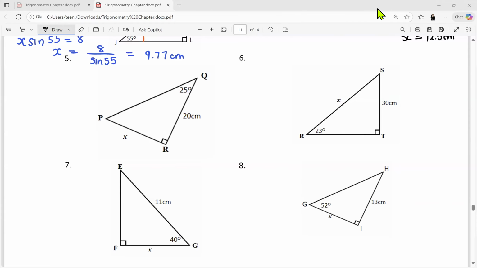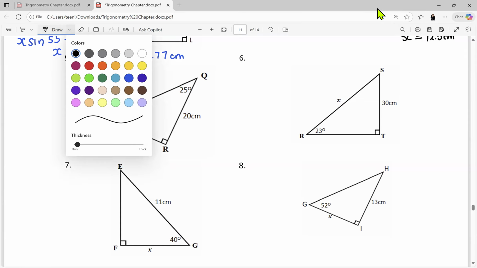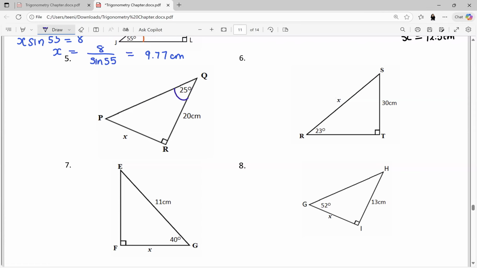All right. So in number 5, our angle of reference is 25 degrees. The side opposite that is x, and the side adjacent to that is 20. So you have your opposite and your adjacent.